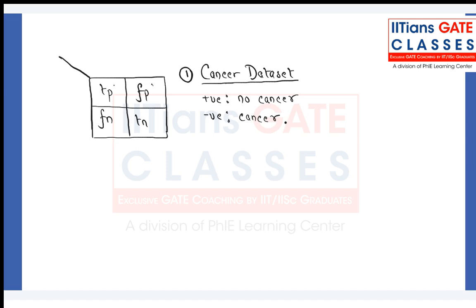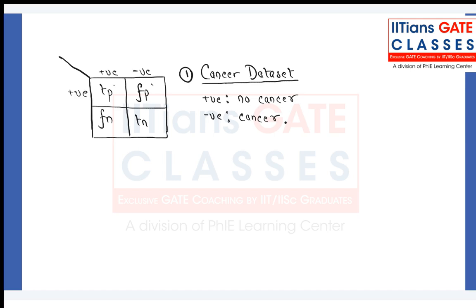So true positive would mean that actually the person had cancer and your model predicted he has cancer. All good. True negative means, sorry, positive means the person did not have cancer, and your model also predicted that the person does not have cancer. So that's true positive.